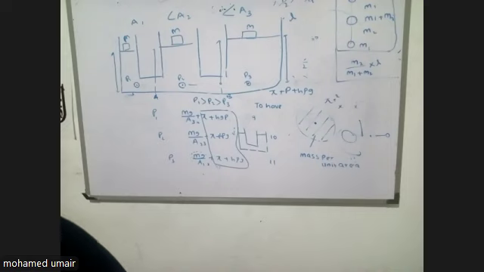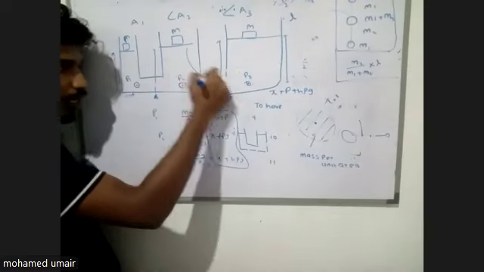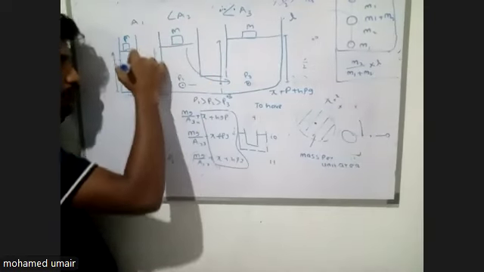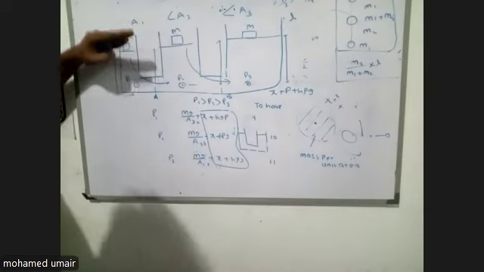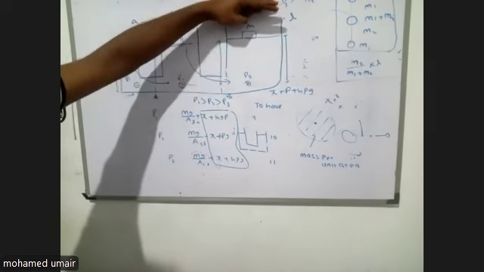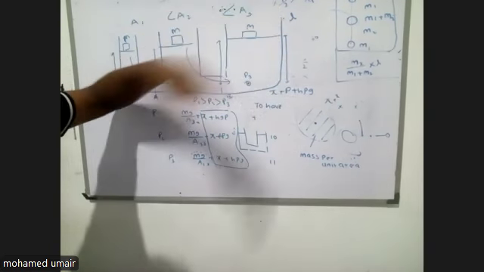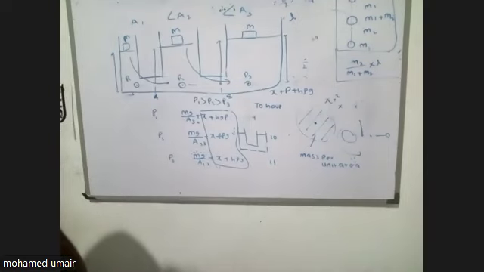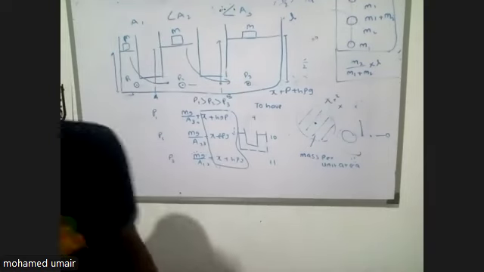Because I'm opening both the valves, from here to here there's a liquid flow, and from here to here there's a liquid flow. Anyway, P is going to move down. But R has to move upward because it has the lowest pressure. They are saying R is also moving down, so it is wrong.